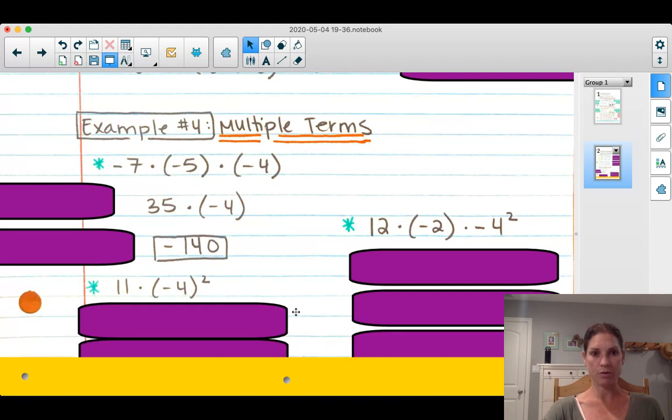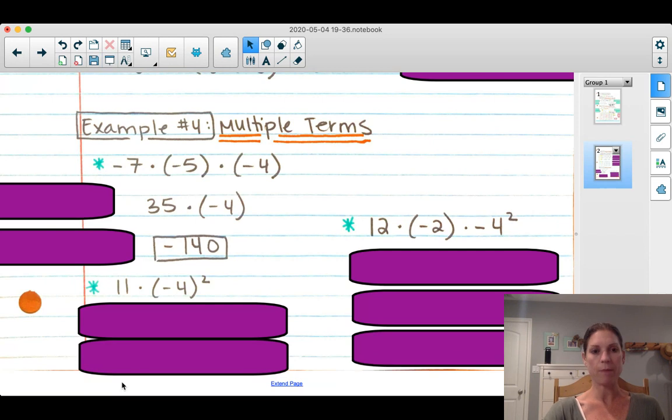Let's go down to this 11 times negative 4 squared. Now, this negative 4 is inside the parentheses, which means this is negative 4 times negative 4.